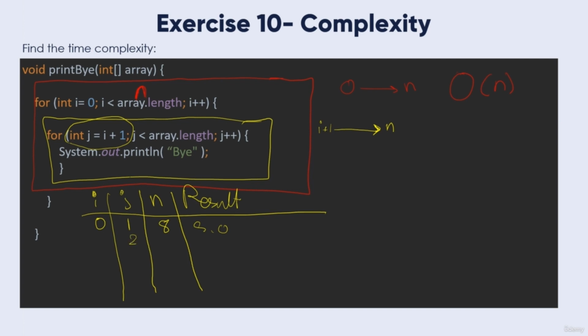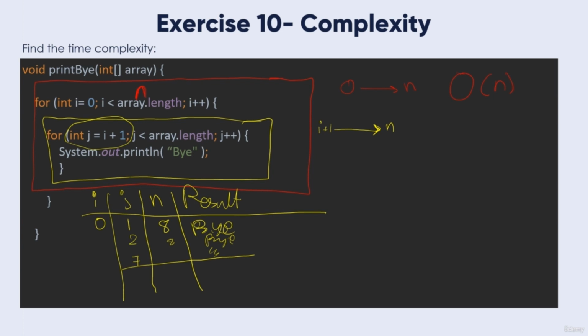And so on, printing each time, from 1 till reaching 7, because 7 is less than 8, but 8 is not less than 8. Stopping here for the first iteration of i.